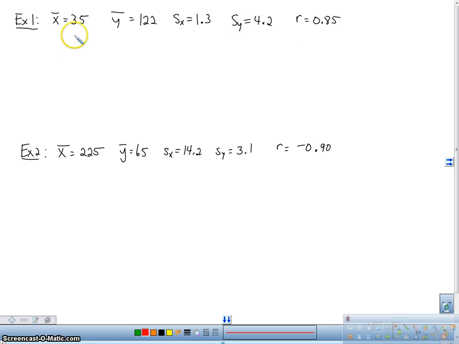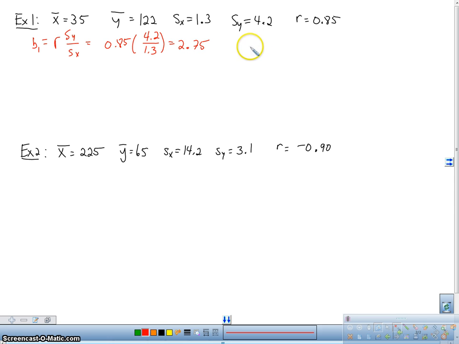So I'm going to use my formulas. The first one is b1 equals r sy over sx. So b1 is going to be 0.85 times 4.2 over 1.3. Throw that in the calculator and I'm going to get about 2.75.